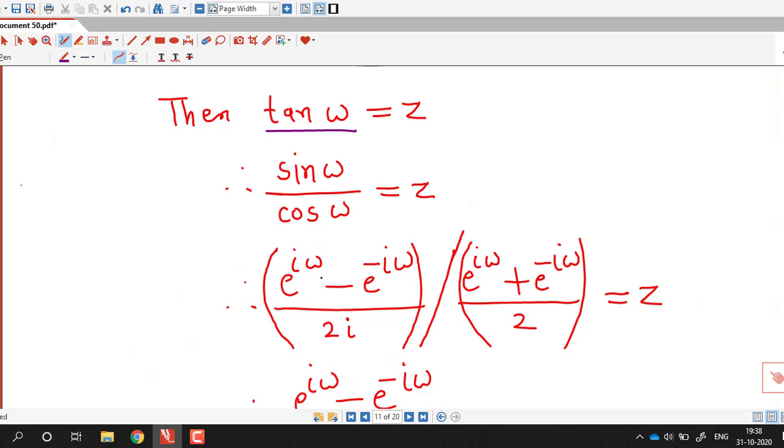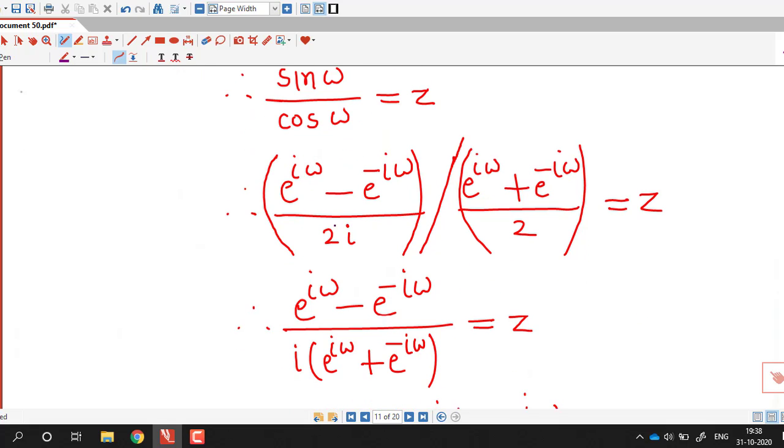Now by definition sin w is e raised to iw minus e raised to minus iw over 2i, divided by cos w, which is e raised to iw plus e raised to minus iw divided by 2, which is equal to z.